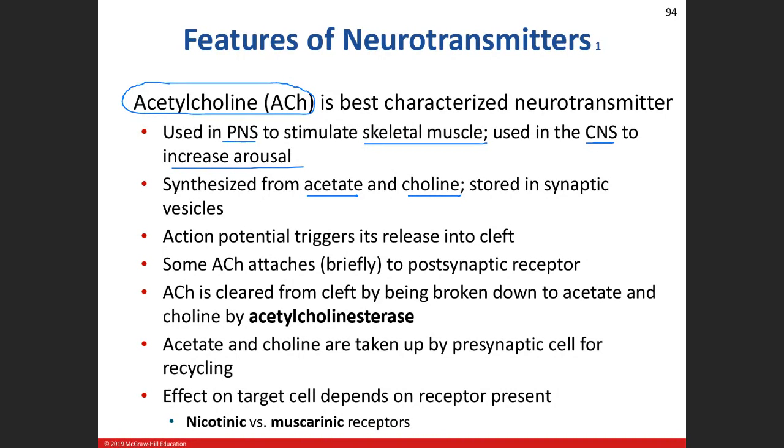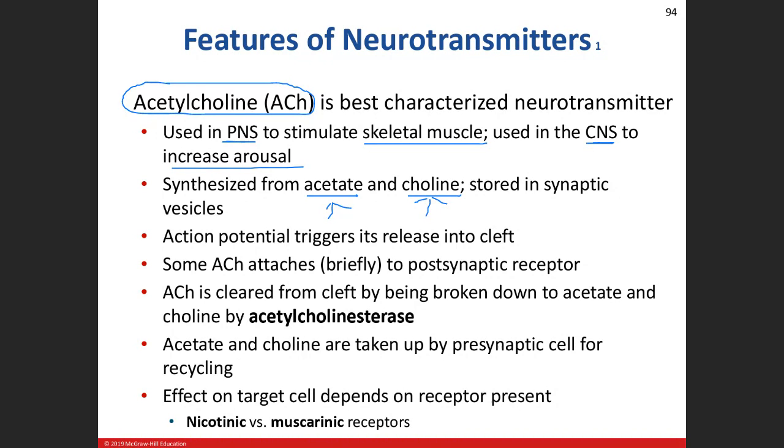It's going to stop affecting either the postsynaptic neuron or the effector organ, the target cell. One way to make it stop is to break it down into acetate and choline, and then the effects of acetylcholine aren't happening anymore because we no longer have acetylcholine.